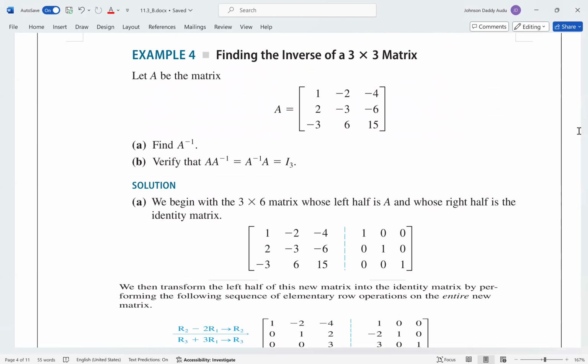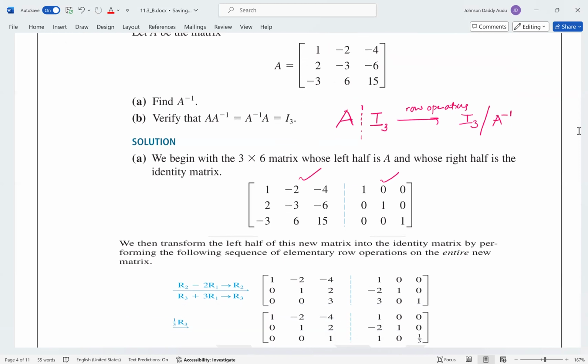If you have a matrix A, all you need to do is augment this matrix with an identity matrix of the same order. For example, if this is 3 by 3, we'll augment the matrix with this one. So this is your A, you augment it with the identity matrix I3. Then we will use row operations to convert the matrix to I3, and whatever is remaining on the right hand side is our A inverse.